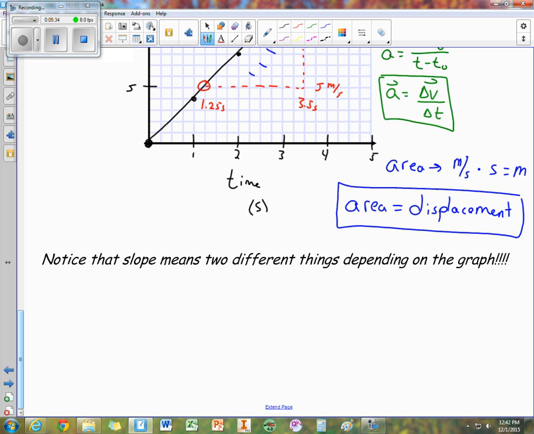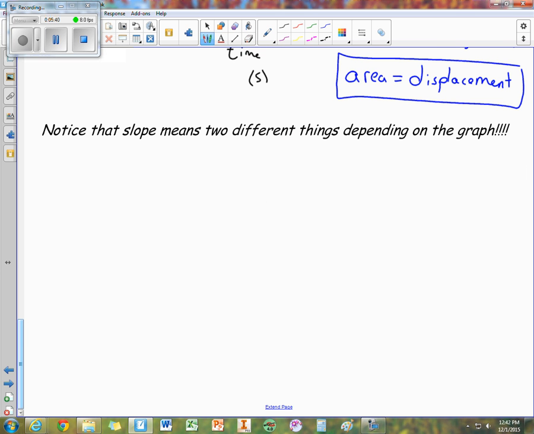All right. Notice then that the slope means two different things depending upon the graph. Because last time slope meant velocity, but that was on a position graph. If we were to make a position versus time graph, constant acceleration would look something like that.